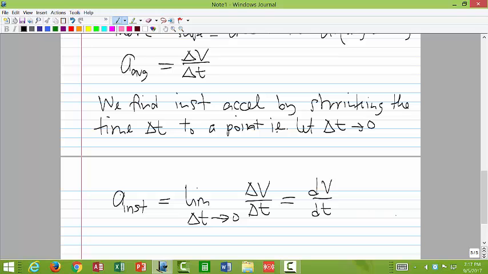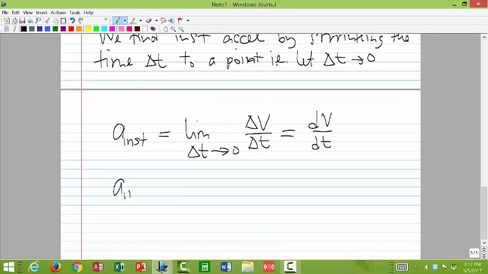So instantaneous acceleration is the derivative of the velocity time graph, dv dt. So A instantaneous is equal to dv dt. Okay, any questions at this point?